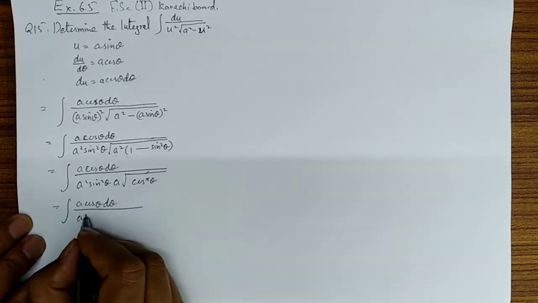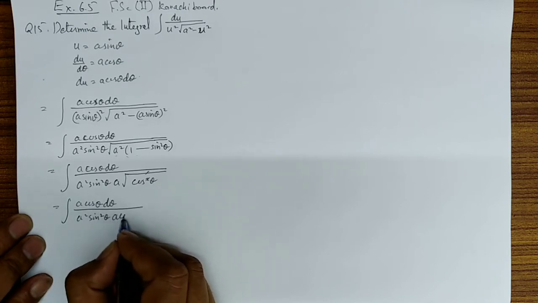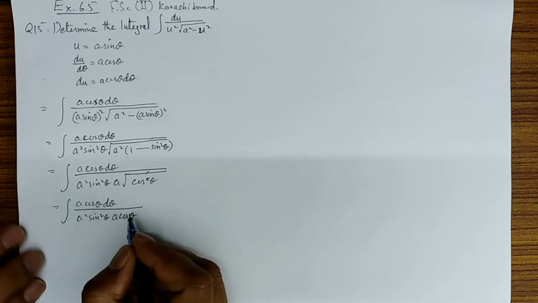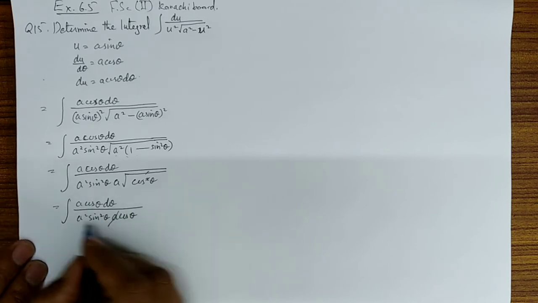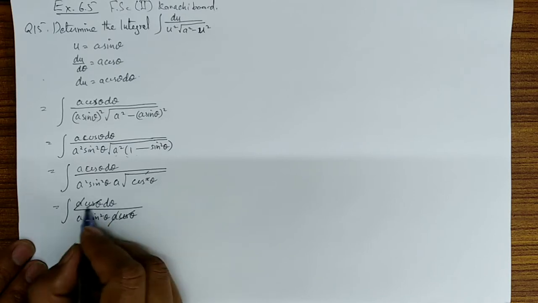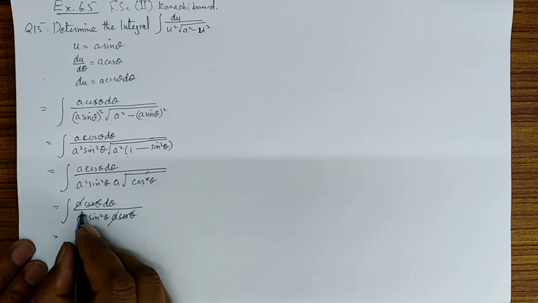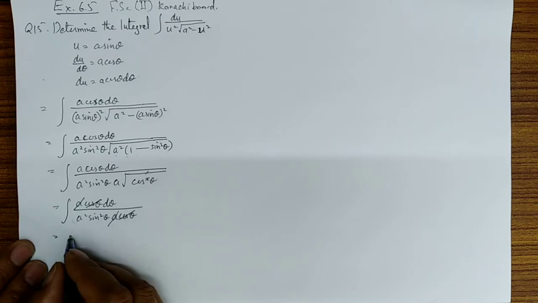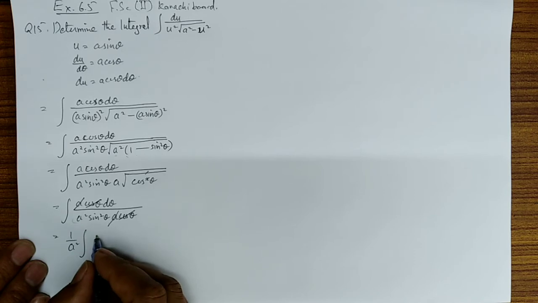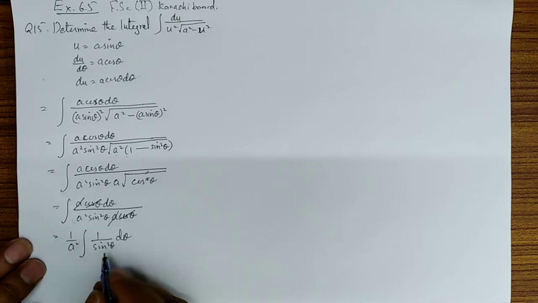The remaining part after taking this square outside is a square sine square theta in the denominator and a cos theta in the numerator. Cancelling this a and this a, and also cos theta with cos theta, we are left with, now taking this a square outside the integral, it's a constant value, integral of 1 upon sine square theta d theta.